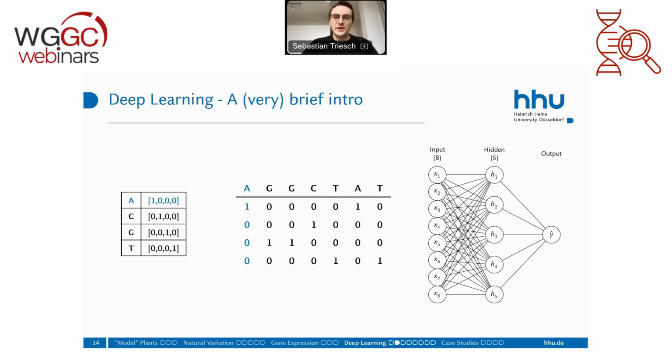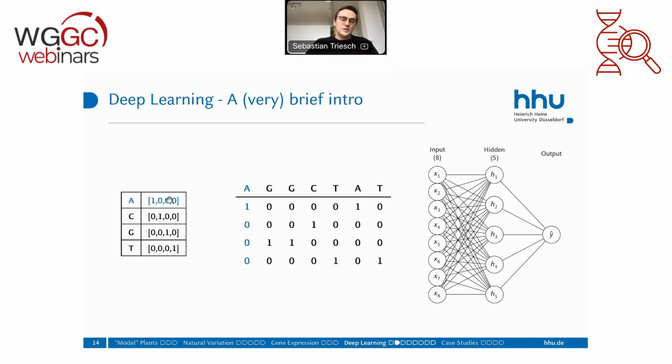And this is by a technique we call one-hot encoding. So we have 4 DNA letters, ACGT, and we simply give each of them one vector out of 4 bits. And of these 4 bits, only one can be 1. This is why it's called one-hot encoding, because just one bit in this vector is hot as 1.